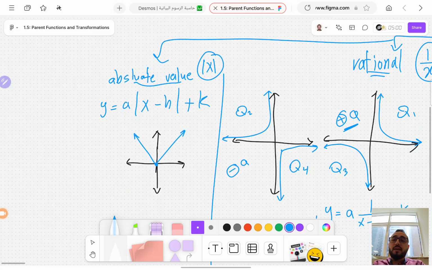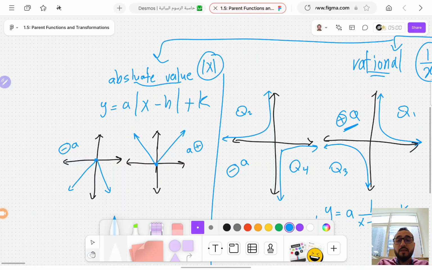This is the absolute value function when a is positive. How about when a is negative? When a is negative, the graph goes down like this.